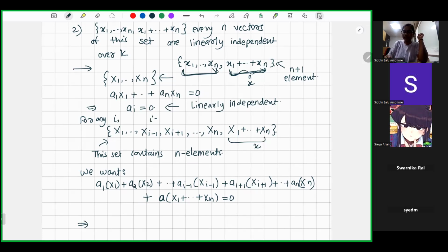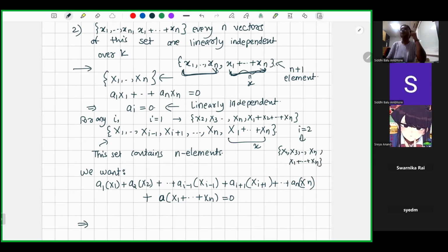If my i is 1, then this set becomes x2, x3, up to xn, and x1 plus x2 plus ... plus xn. If my i is 2, then this becomes x1, x3, and so on up to xn, and this last element.